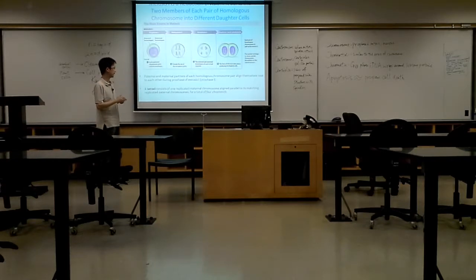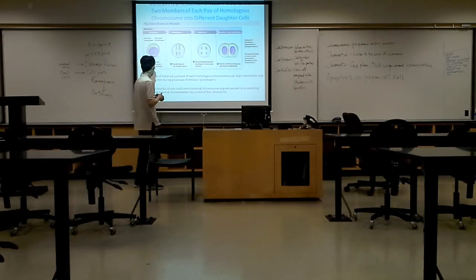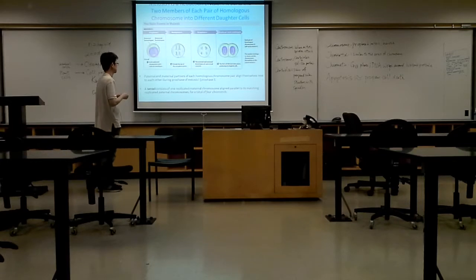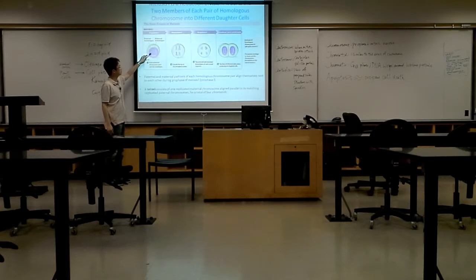What do they do when they line up? So we call this a tetrad. When the paternal homolog and the maternal homolog line up, we call it a tetrad. Tetra meaning 4. Why?